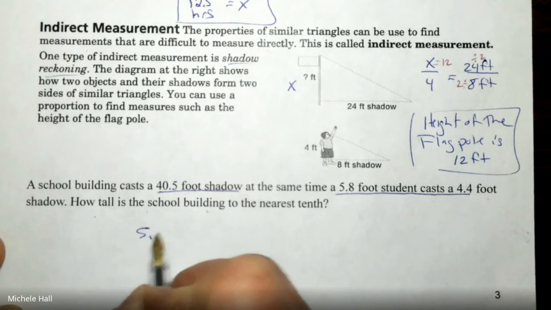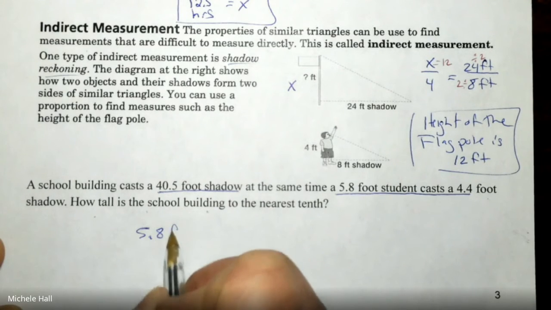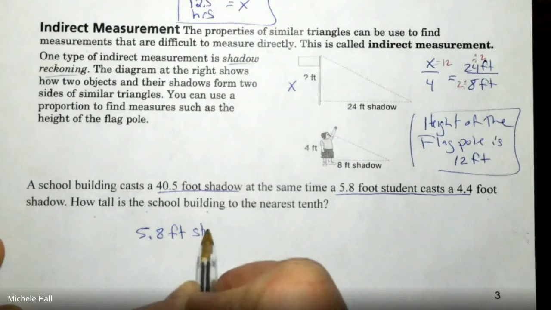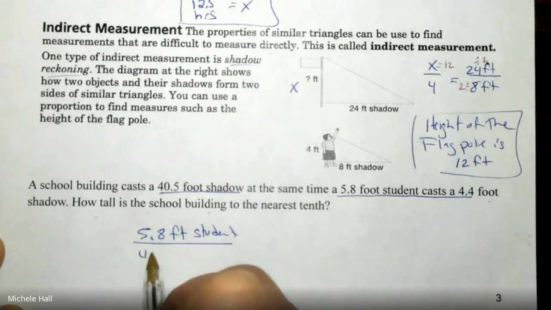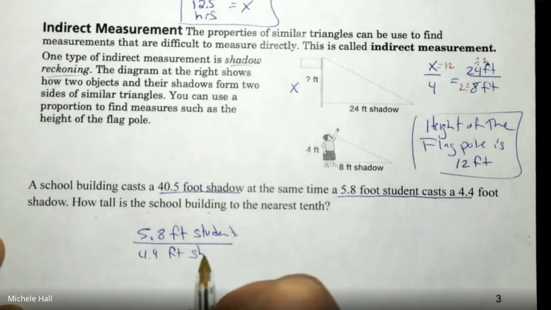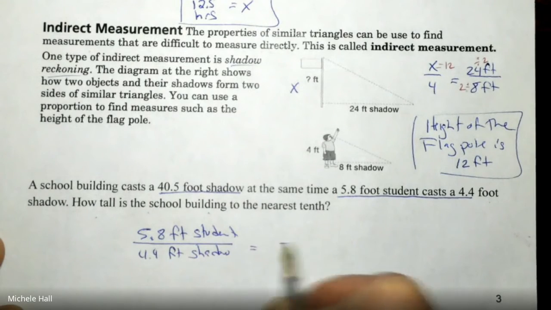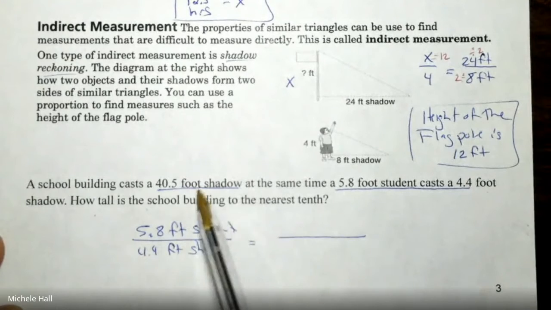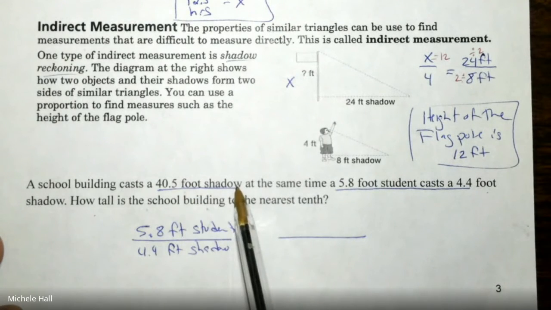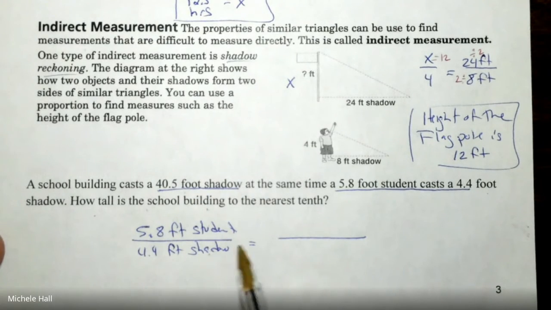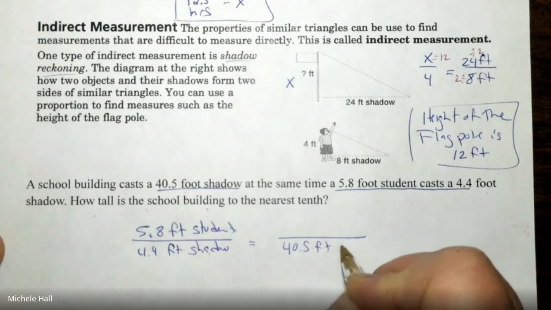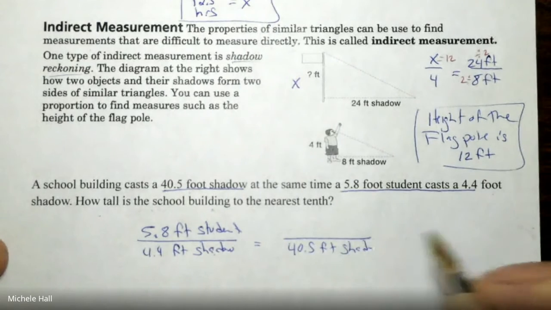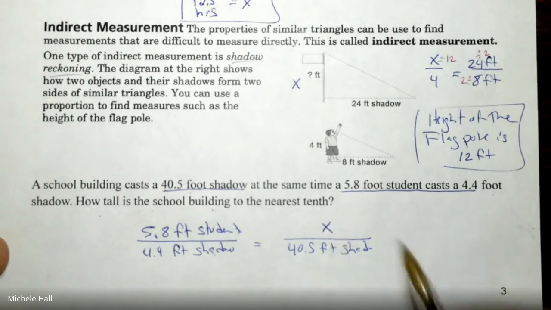We have 5.8 foot is the student, and the student casts a 4.4-foot shadow. All we know for the next piece is that we have a shadow, and the shadow is in the denominator. So the school building has a 40.5-foot shadow. And it's asking how tall the building is.